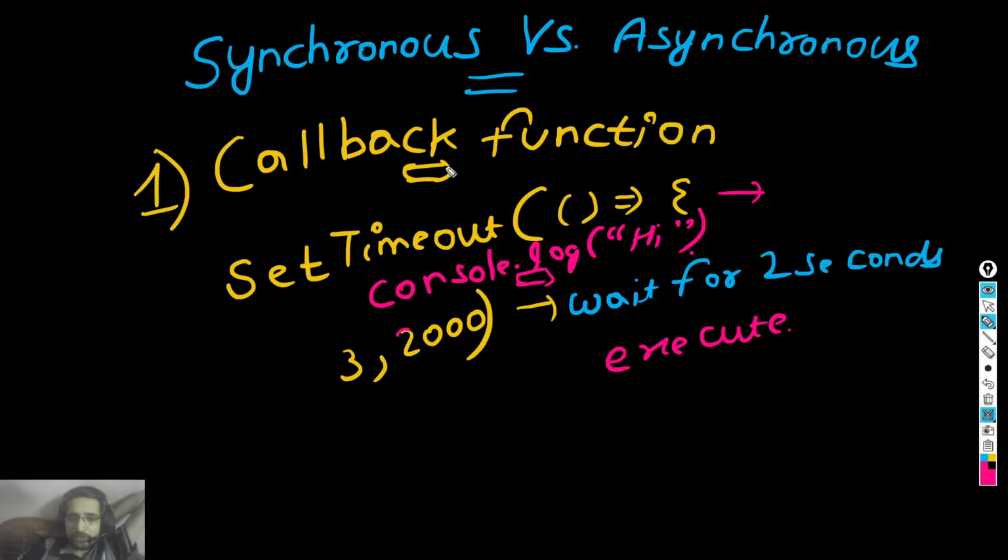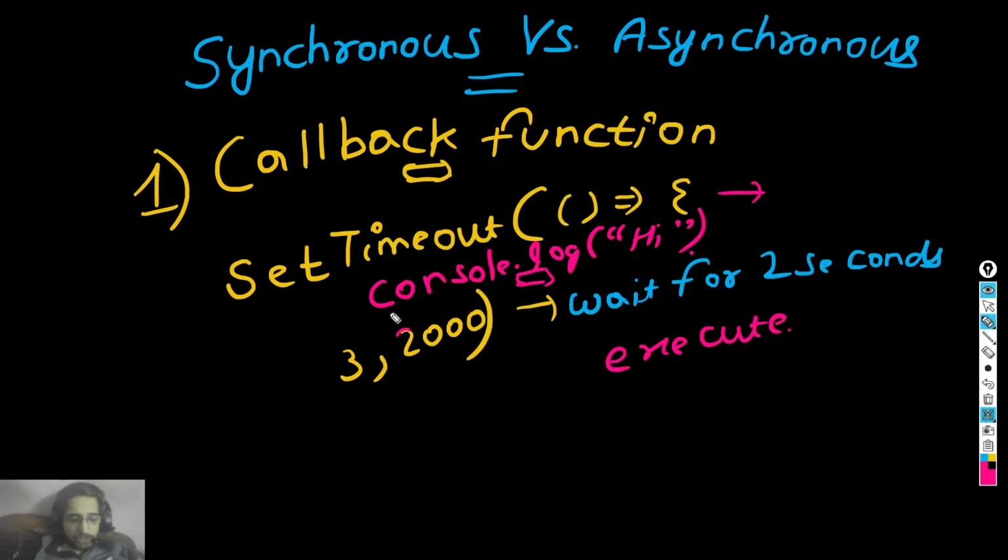This is called a callback. Here we explicitly define this callback, and whatever code I need to run. So this is asynchronous code. This is not synchronous, because we are not executing the instructions in a sequential manner.